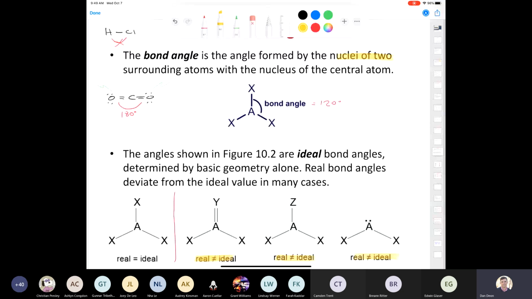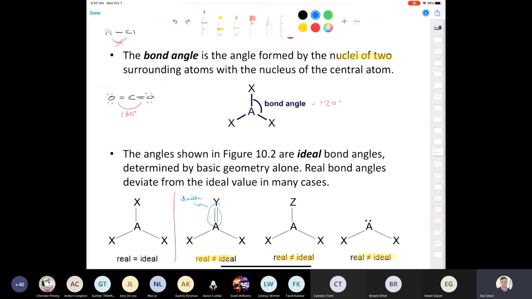None of these bond angles are going to be exactly 120 degrees. Why in the first case? Well, here we have a double bond, okay? More electron density, so it's going to repel these single bonds down a little bit more probably.